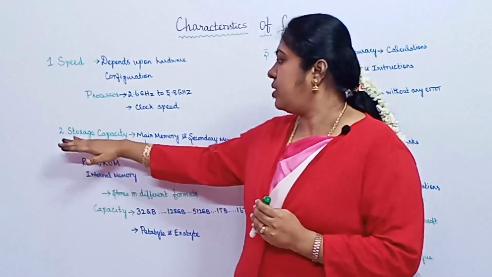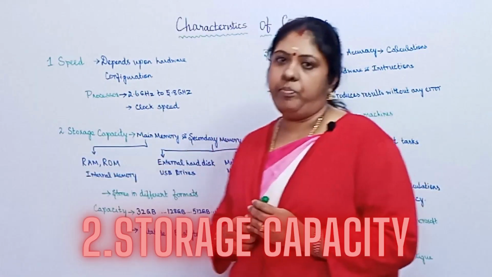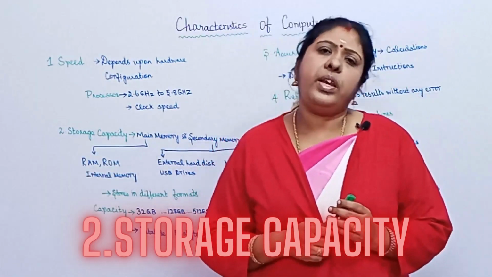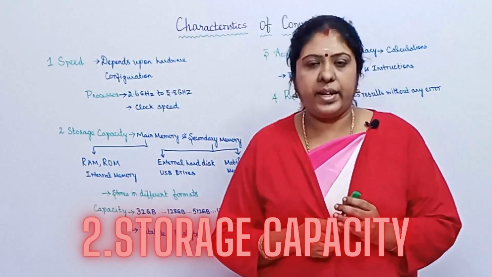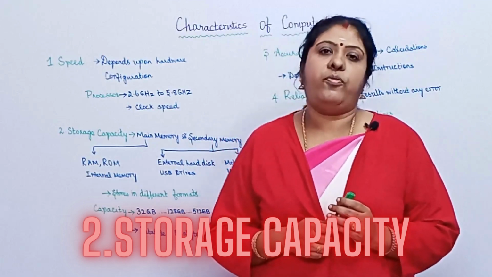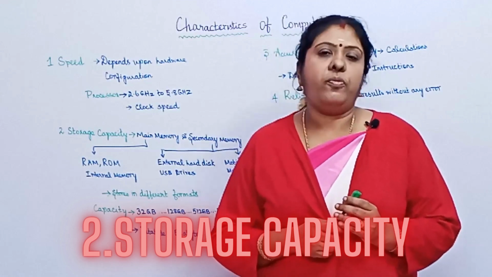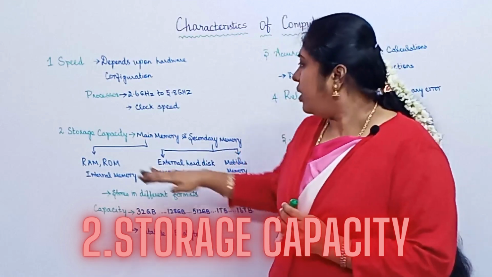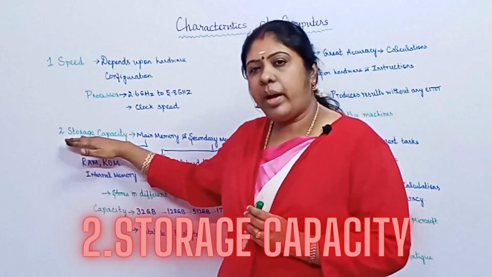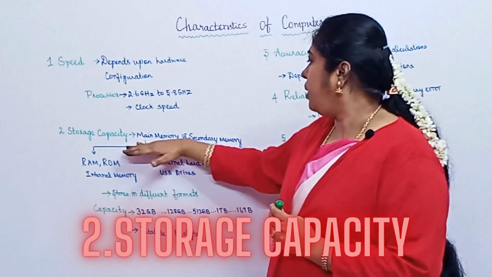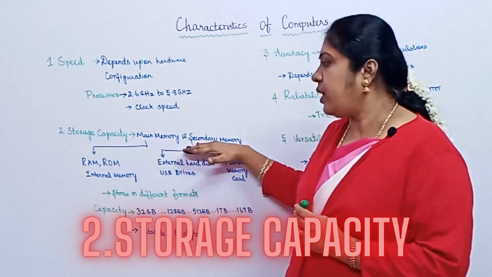The next comes the storage capacity. Computers are able to store a very huge amount of data in different formats. That is, they can store terabytes of data also. The storage capacity is mainly divided into two important components, the main memory and the secondary memory.